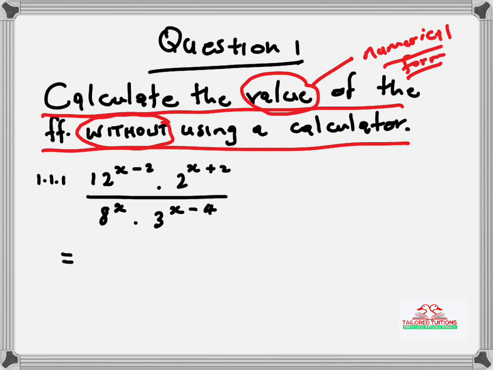1.1. 12 exponent x minus 2 multiplied by 2 exponent x plus 2, all that divided by 8 exponent x times 3 exponent x minus 4. Let us firstly look at this one.